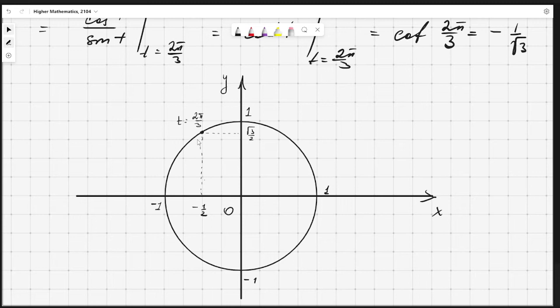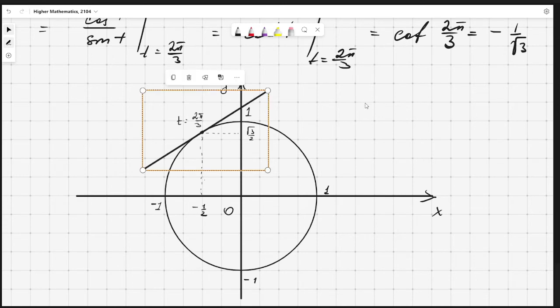And tangent line. This is tangent line. And in this we have the angle phi.